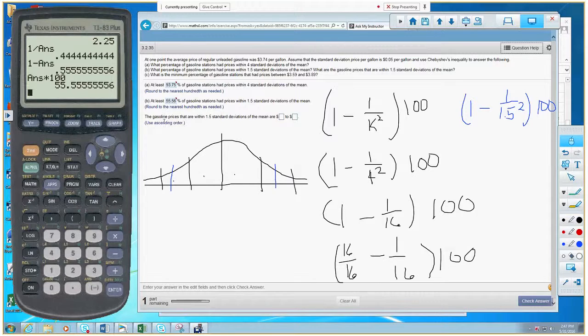The gasoline prices that are within 1.5 standard deviations, take a minute and see what you come up with there.